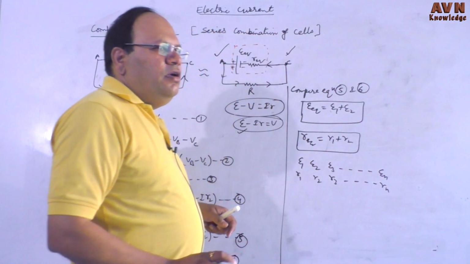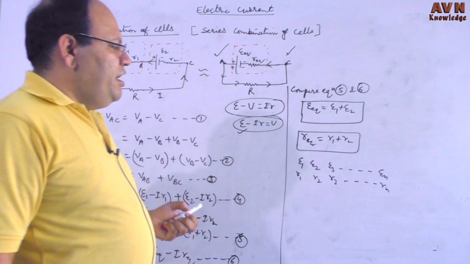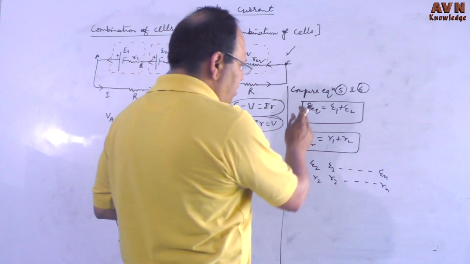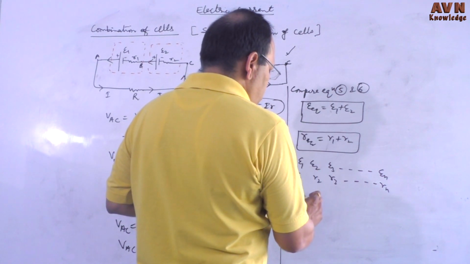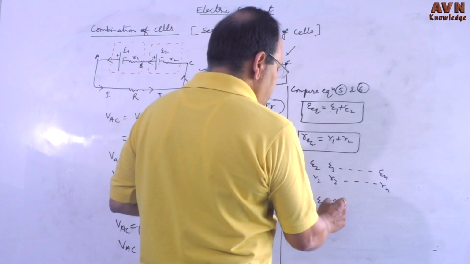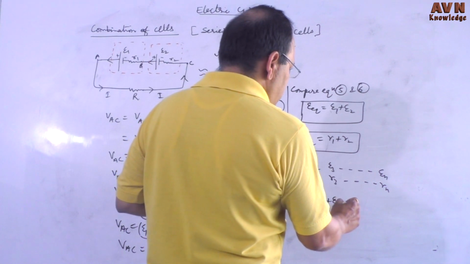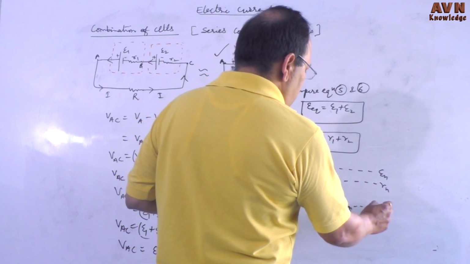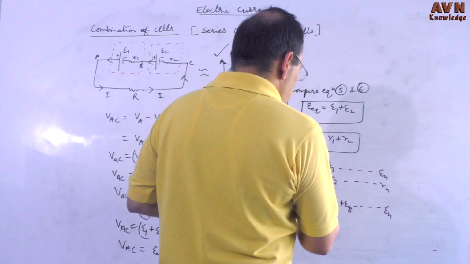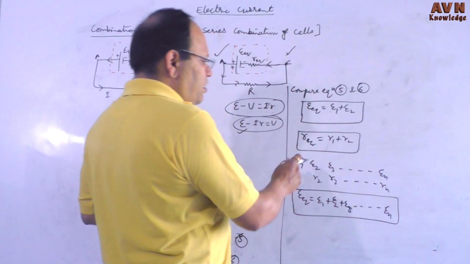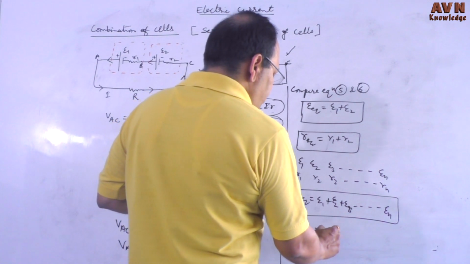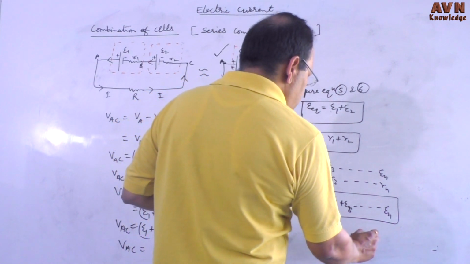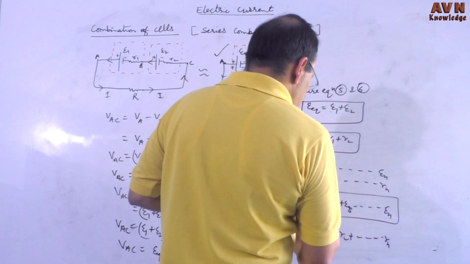What will be the equivalent EMF of this combination? That will be E equivalent equal to E1 plus E2 plus E3 and so on up to En. And what is the R equivalent? R equivalent equals R1 plus R2 and so on up to Rn.